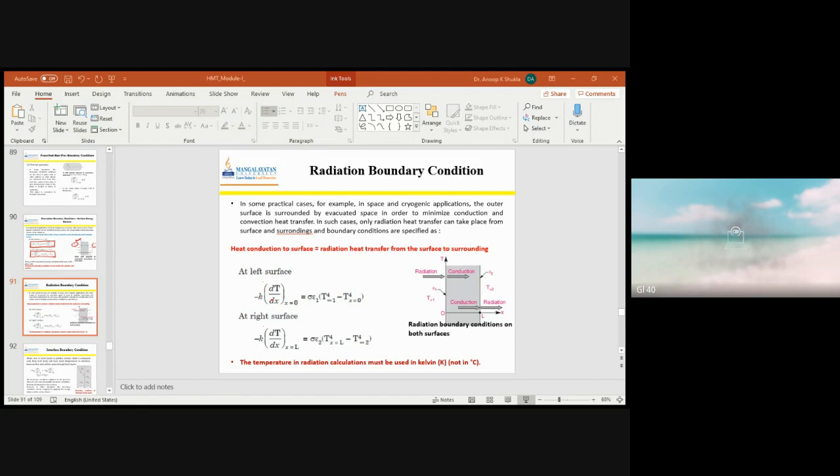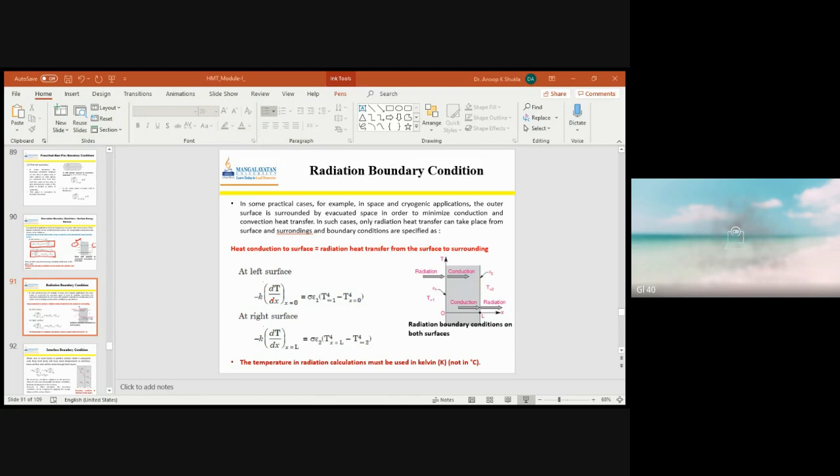Now, the interface boundary condition. Suppose there is a composite wall. Then the interface boundary condition becomes important while solving the heat conduction problem. The boundary condition at the interface of two layers is simply that the heat conducted on the left hand side is equal to the heat conducted on the right hand side. On the left hand side we use the conductivity of layer 1, and on the right hand side we use the conductivity of layer 2.